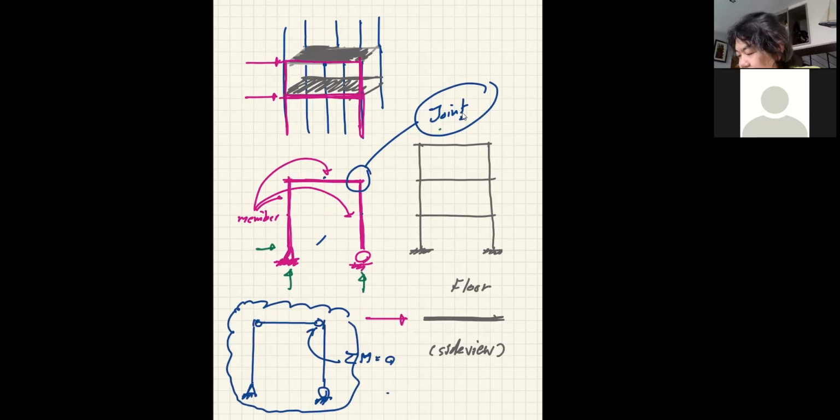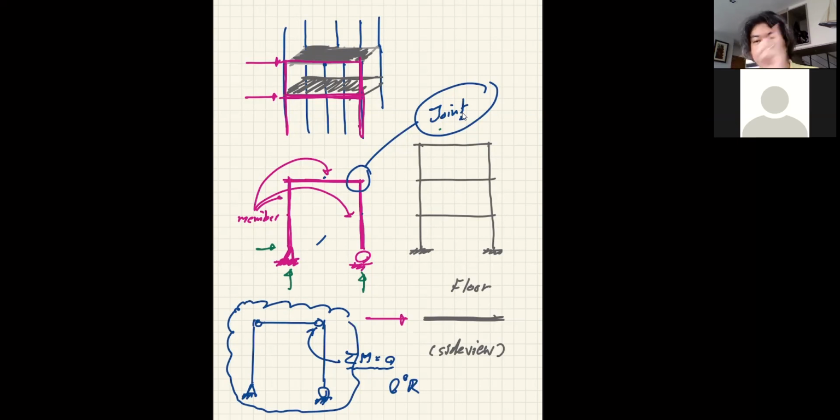So it's 0 degree of redundancy, which means you have 3 equations and 3 unknowns. Now when I add more equations, generally it means your structure redundancy will go below 0, or becomes minus, which means your structure becomes unstable.